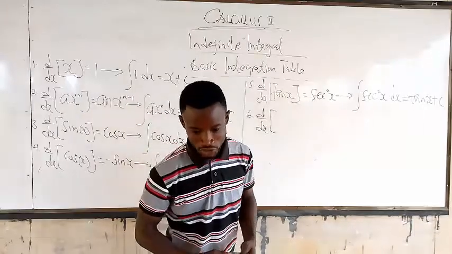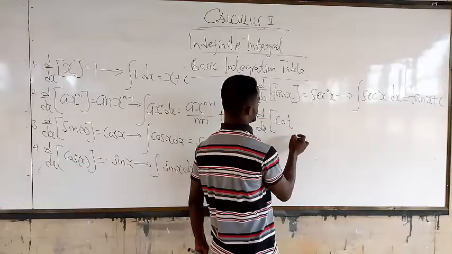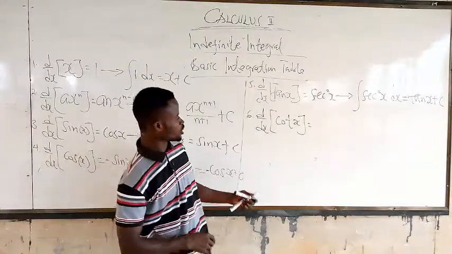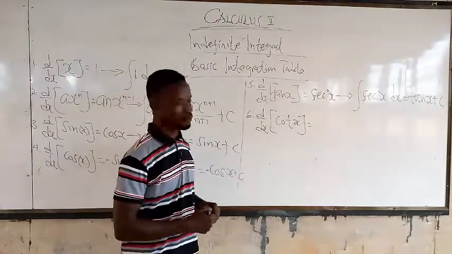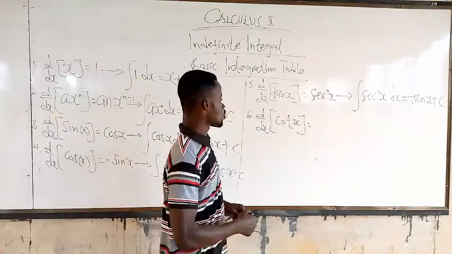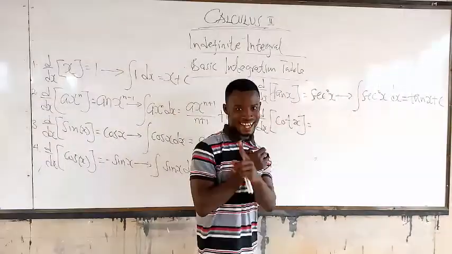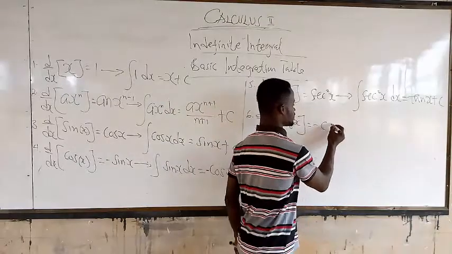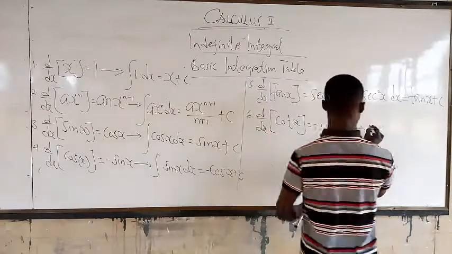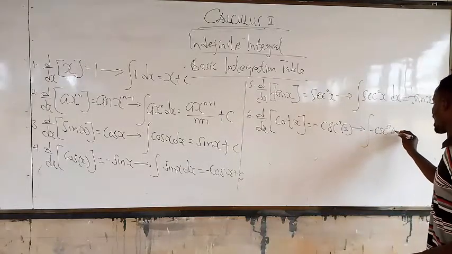6. When you differentiate cot x, we know that you will get cosec square. Sorry, negative cosec square x. Very good. The reverse process will work.